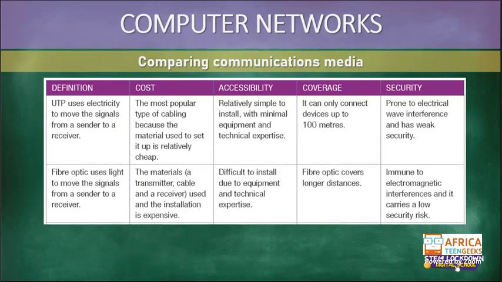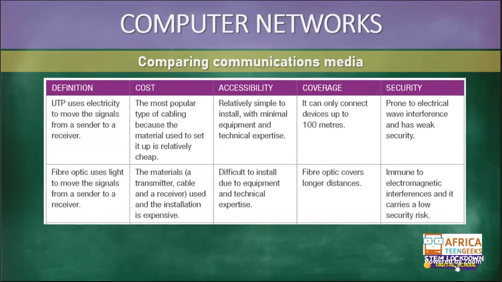And then number two, we have fiber optic, which uses light and moves the signals from a sender to a receiver using light. So there is need for a laser, and the signals are transferred from one computer to the other.